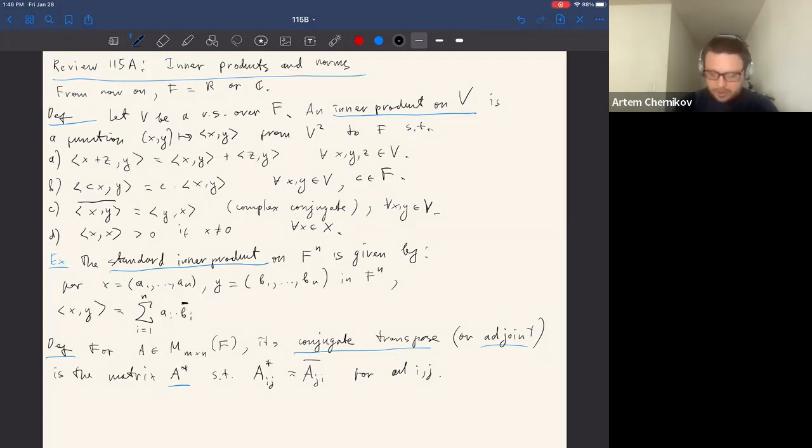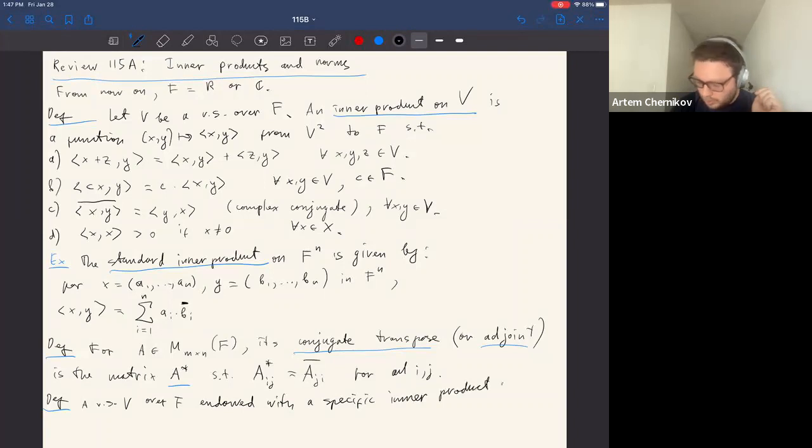Now let's introduce some more terminology. Definition: a vector space V over F, endowed with a specific inner product, is called an inner product space.